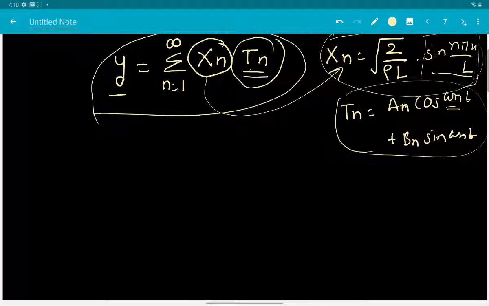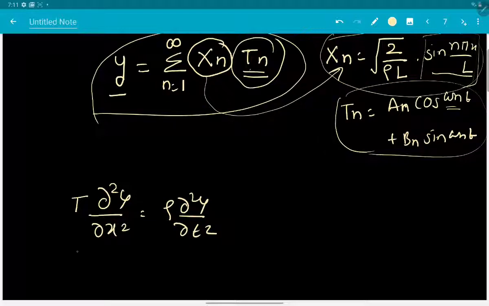I'm not going to solve any problem as such, but I'm going to show you that formalism so that it will be clear to you and you will be able to use it if required. Okay, so let me write down the equation of motion, which is T del square y by del x square equal to rho del square y by del t square. This much we have written for free vibration analysis.